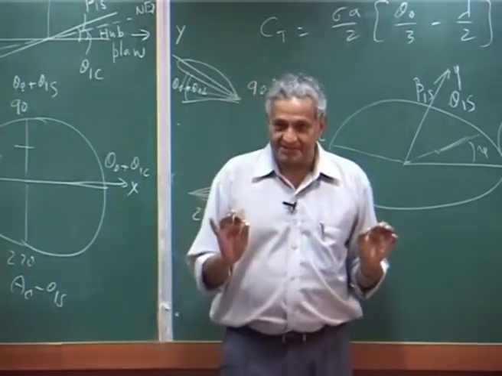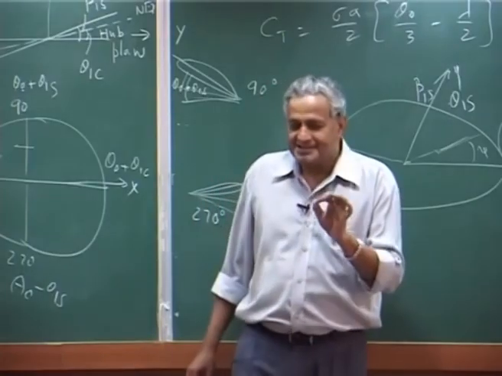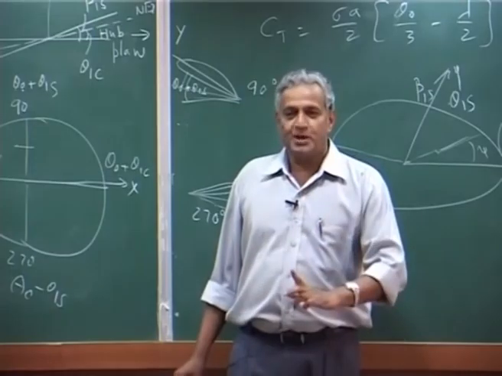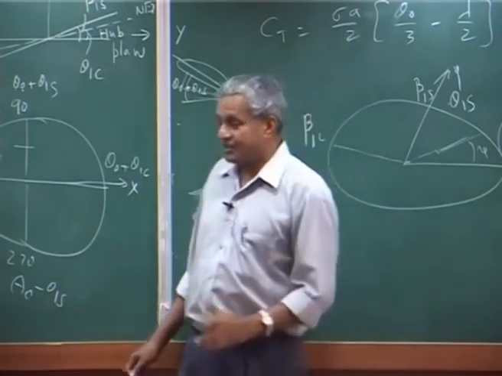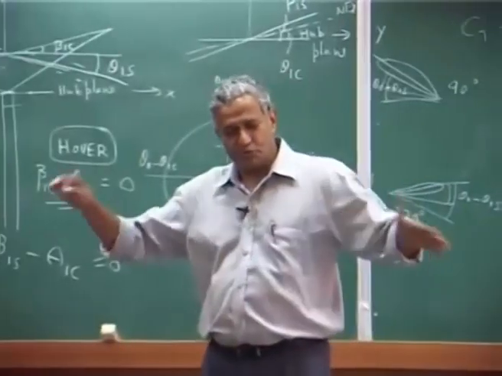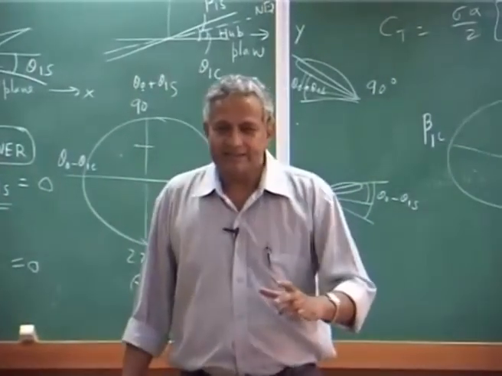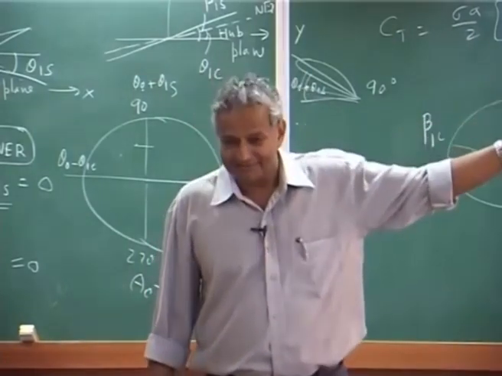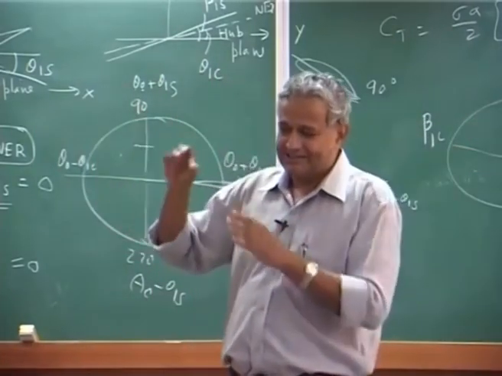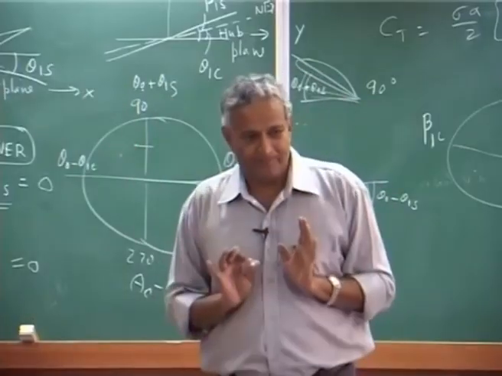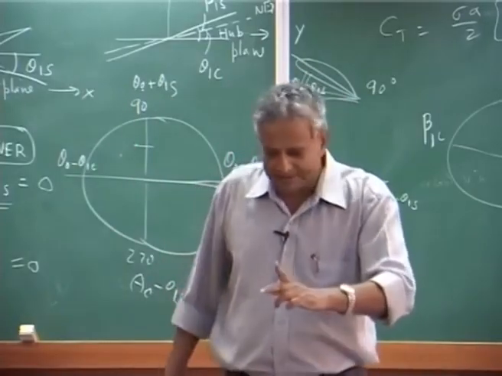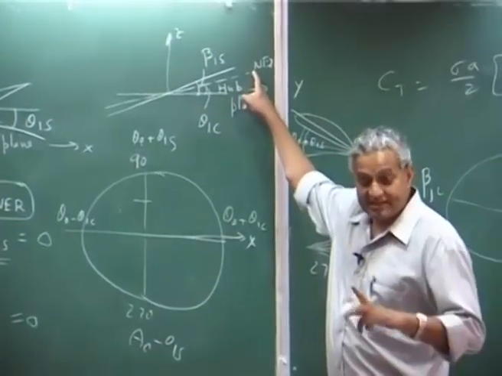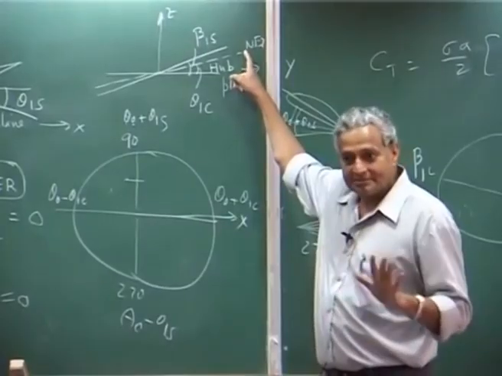Because of the 90 degree phase shift, essentially what the pilot does is tilt the swash plate plane, which is actually the control plane, and which is also the no feathering plane, if there is no other coupling, such as flap pitch coupling. So, he is tilting only this plane, the no feathering plane, that is all.